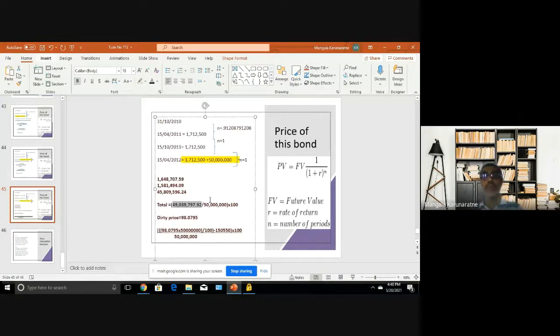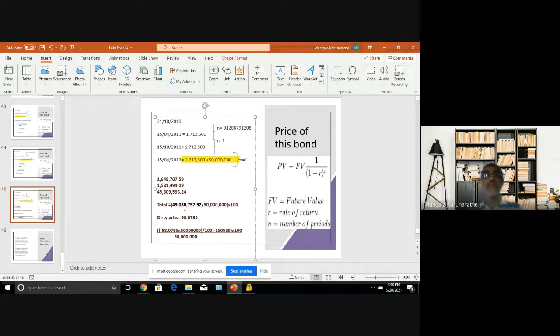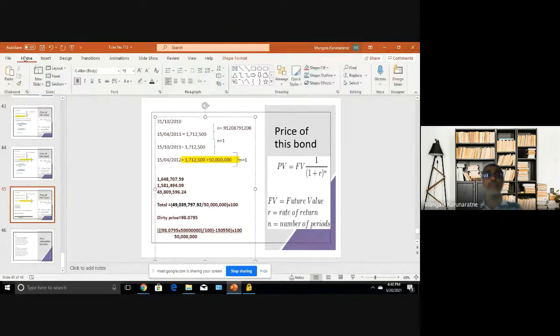We could have deducted this 49 million. I'll highlight this and show you. This 49 million, this 150,550 from this 49 million.